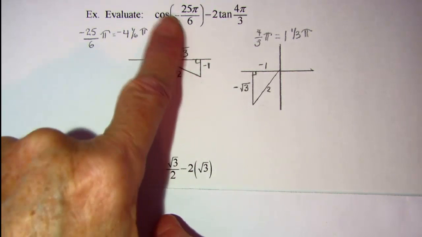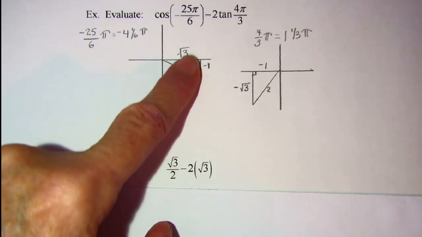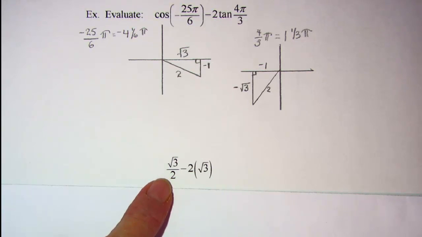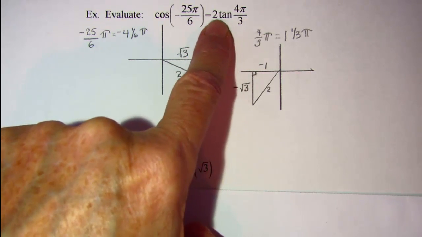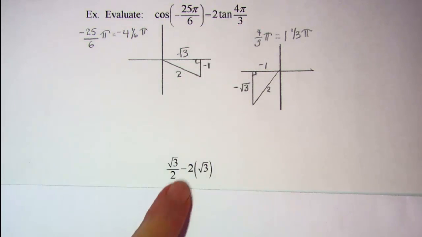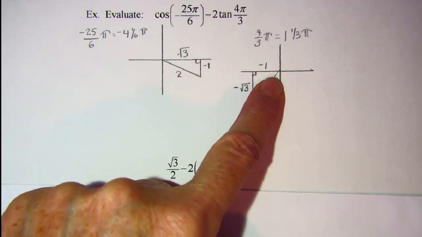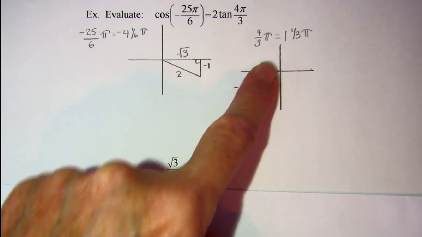So my first term, I need the cosine of my reference angle. Cosine is adjacent over hypotenuse, so I have √3 over 2. On my second term, I have 2 times the tangent, so just copy that 2 times, and then I want the tangent of my reference angle. Tangent is opposite over adjacent.